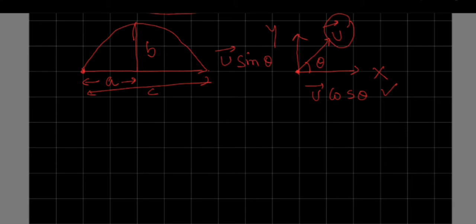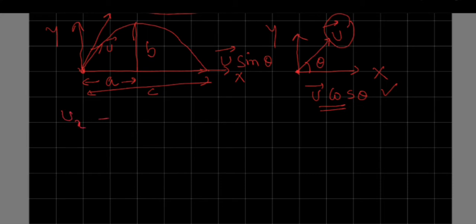So similarly, let's say the particle is projected with this u, and it is moving like this and making this path, so there are x and y axes, right? So let's start. If you see, this is your velocity in the x direction, this is your velocity in the y direction.